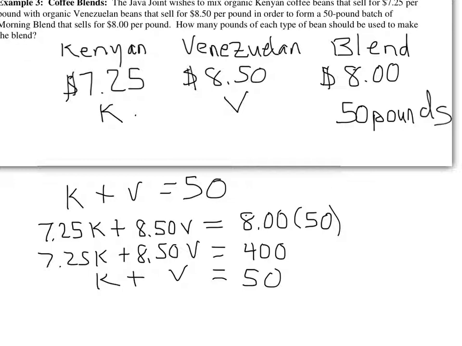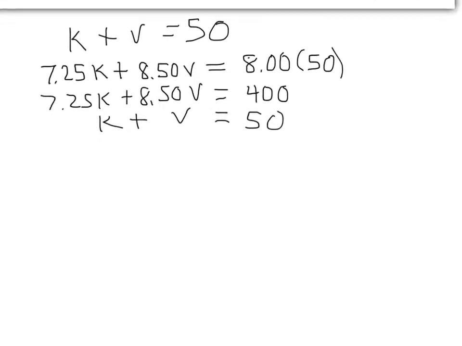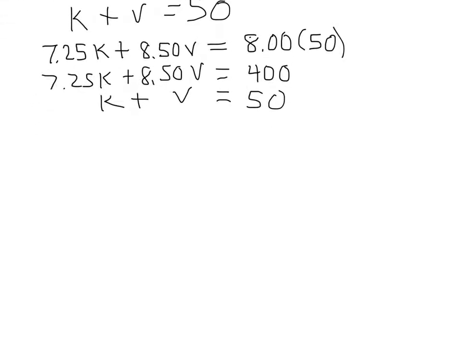What do you want to use, substitution or elimination? I'm going to use elimination this time. If you want to use substitution, cut the video off, try using substitution, and then see if we get the same answer.